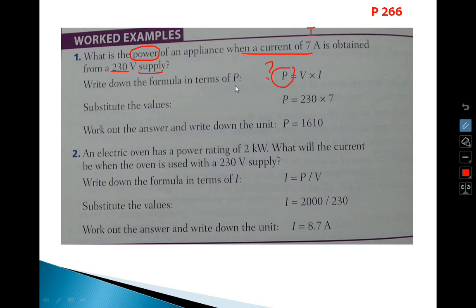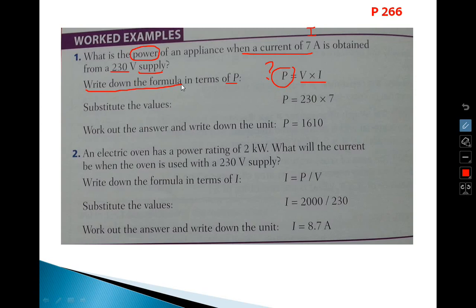From the first slides today, we said that P is equal to V times I. So first we need to write down the formula. Always follow these two steps.